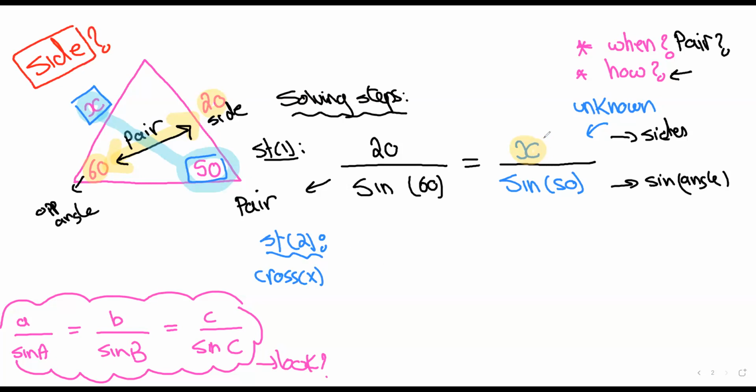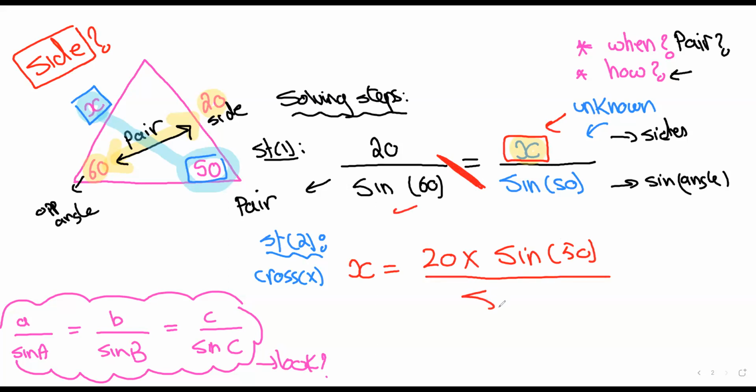So step number 2 is make x the subject, or cross multiply. So x equals 20 times sine 50, the two values opposite to each other multiplied, divided by the third item, sine 60.